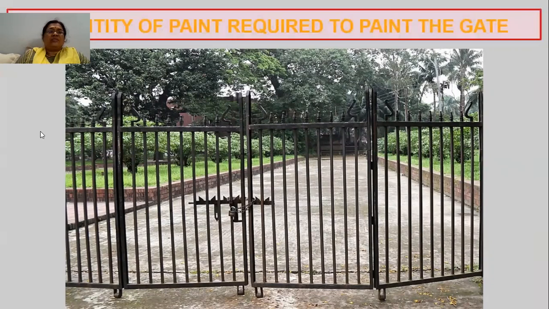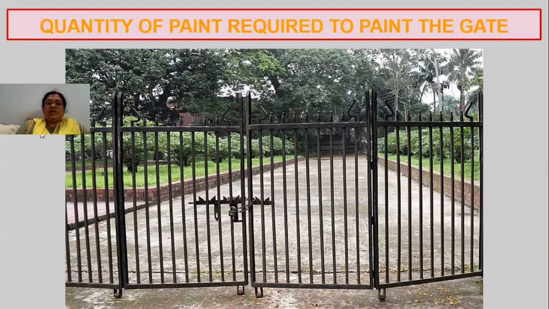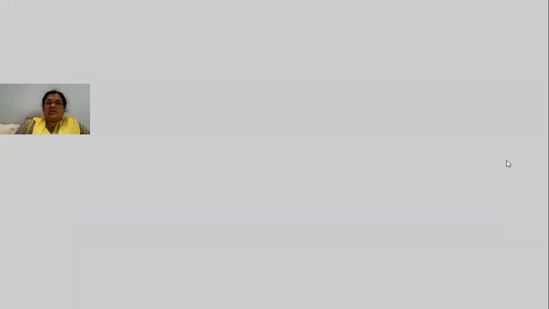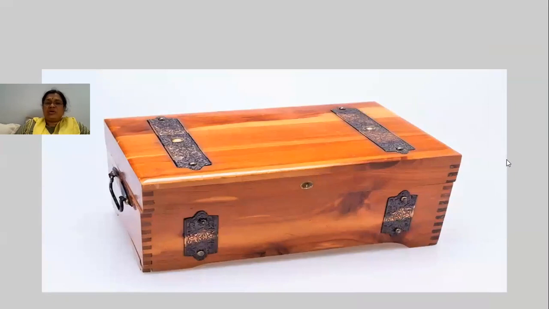So here, for the quantity of paint required to paint the gate, we'll apply this concept of mensuration. And see here, one more solid figure. What is this? This is a wooden box, isn't it? What is the shape of this wooden box? Is it a cylindrical shape or a cuboidal shape? This is a cuboidal shape, isn't it?